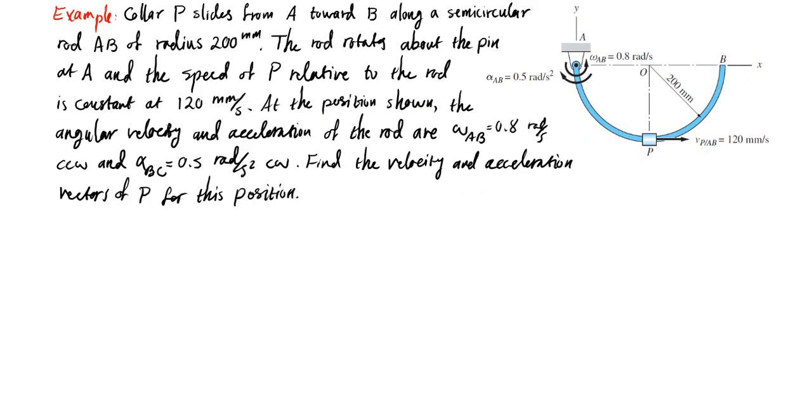Again, I start with where I want to put my frame and which part I want to attach it to. In this case, I'm given the relative velocity of this collar to the curved semicircular rod, so I have to put the frame somewhere on the rod, so I can use this relative velocity, the velocity of P with respect to the rod.